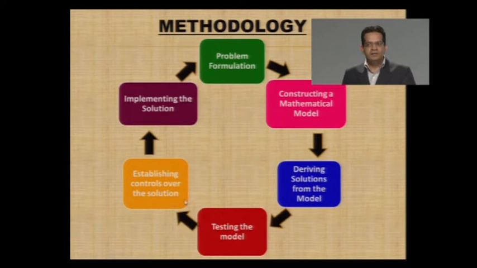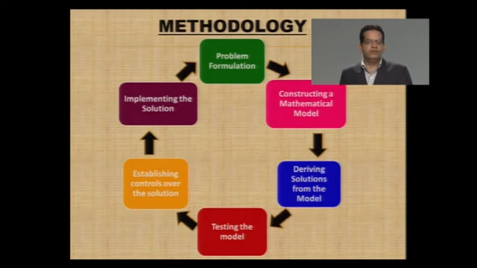And then if our model is not up to the mark or not feasible, we also identify the variables which control our solution as well as our model, and the implementation of the solution.